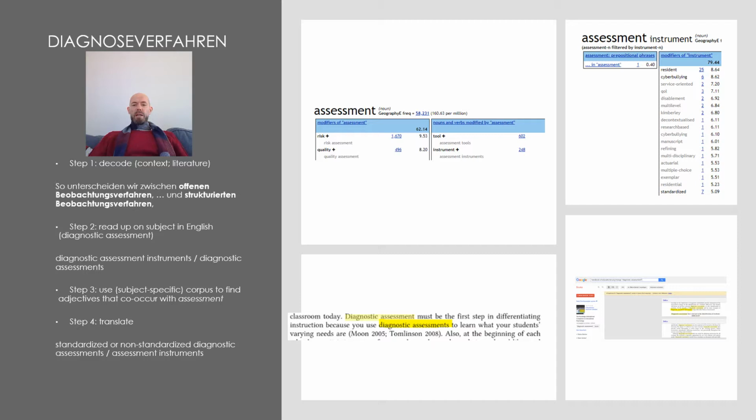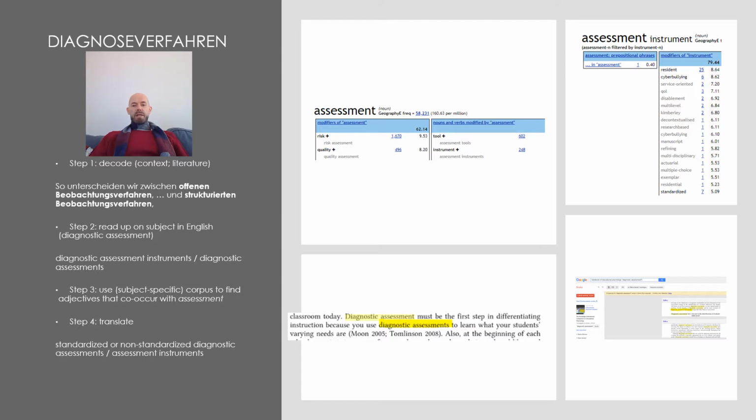What you would find, and I show this here, is that diagnostic assessment, it says, must be the first step in differentiating instruction because you use diagnostic assessments to learn what your students' varying needs are.